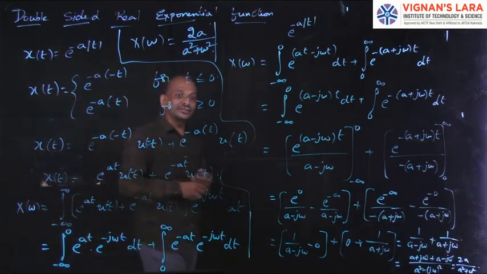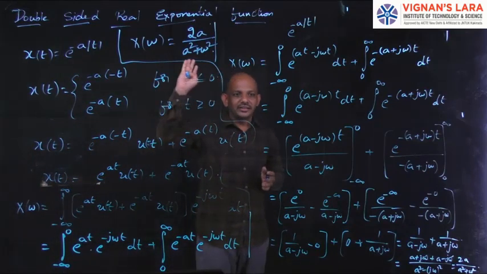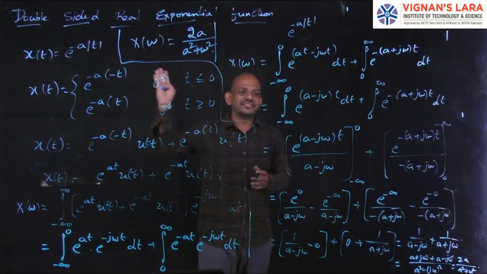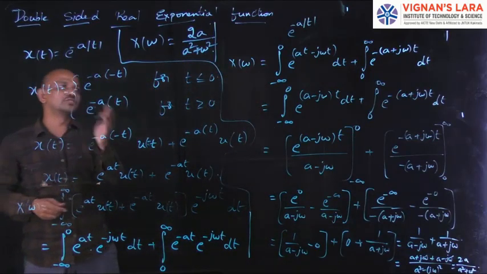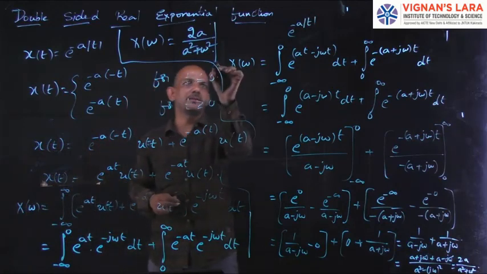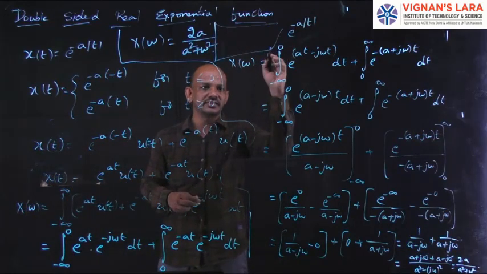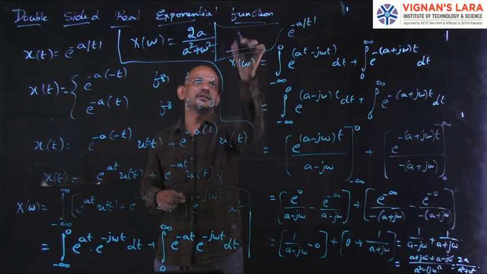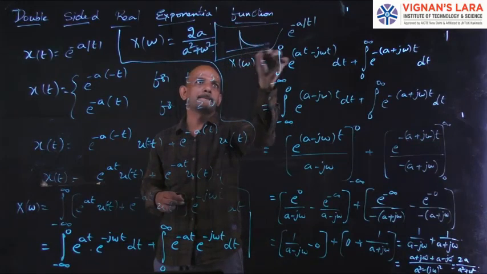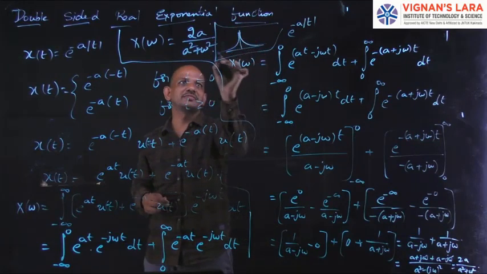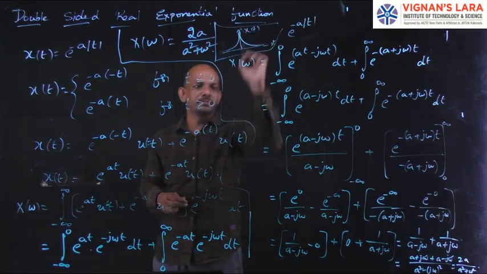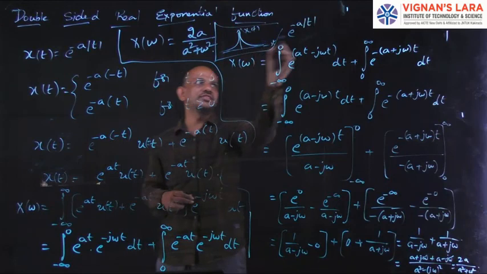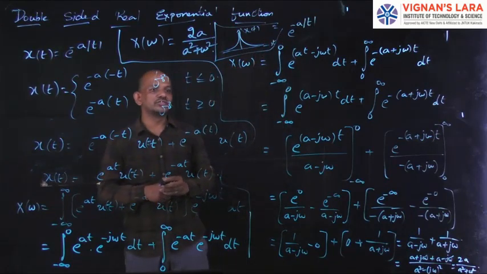I showed you the signal of the single-sided exponential, that is one side. Here we will get the signal on both sides, like this. So this is t, this is x of t, which is nothing but this one, both sided.